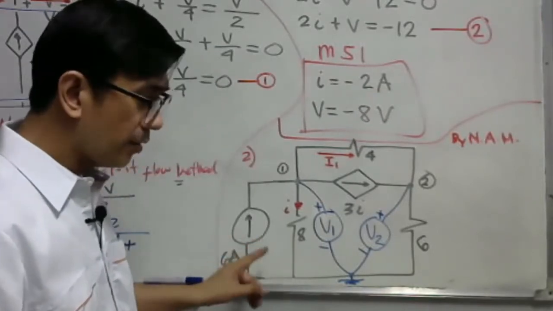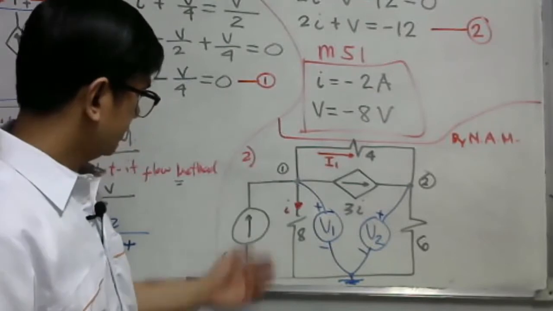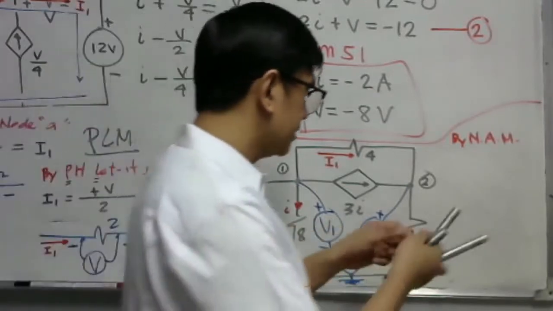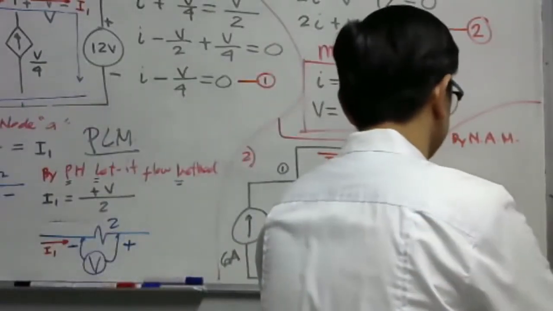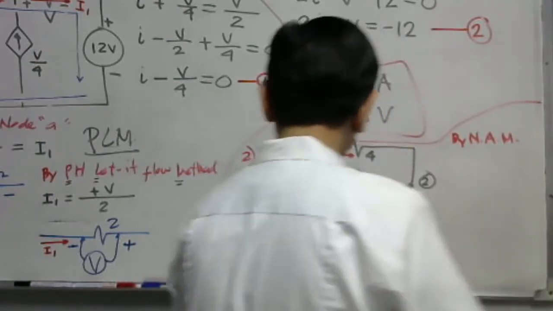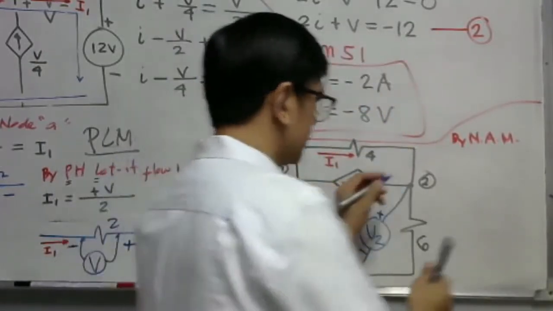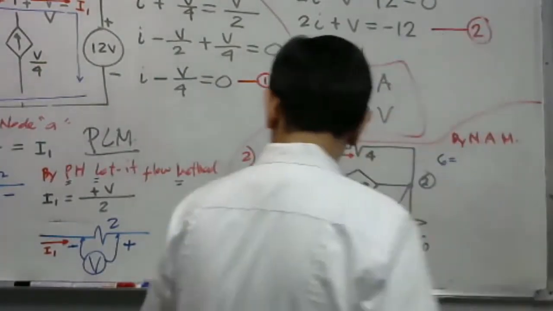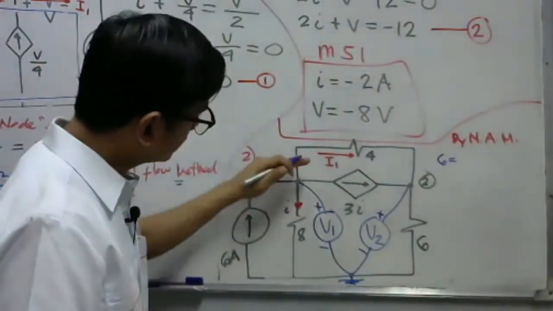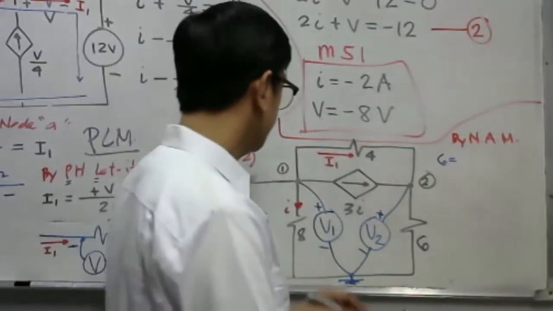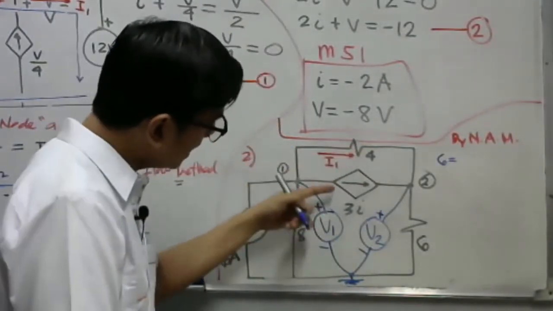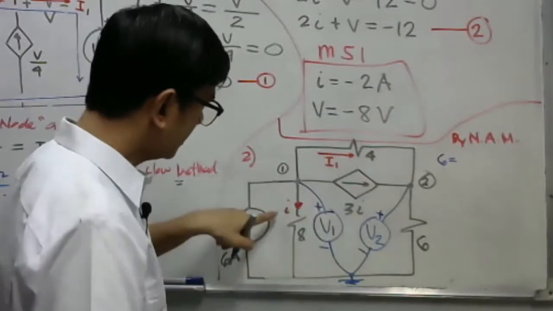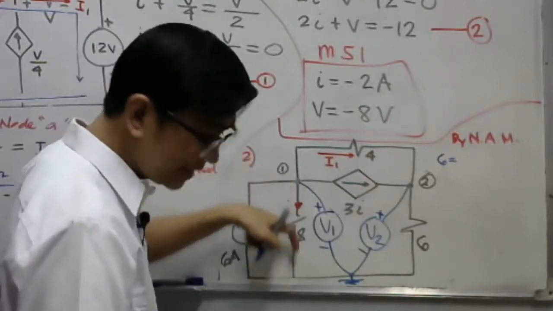We have here our 6 ampere, the current entering. Our 6 ampere here is simply equal to I1, that is the current leaving. 3I is also current leaving, and the I here is also the current leaving.